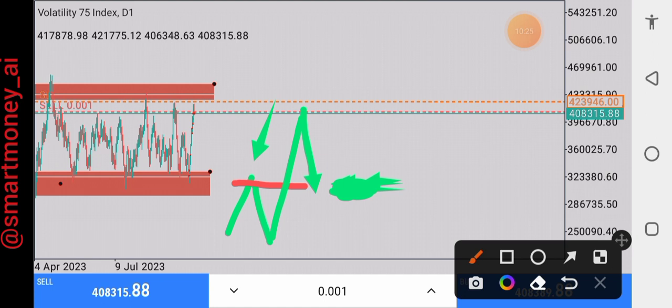But your take profit, you should target this high here, right? Because once you take a buy, price will definitely come back to break this guy here, and then you make your money.